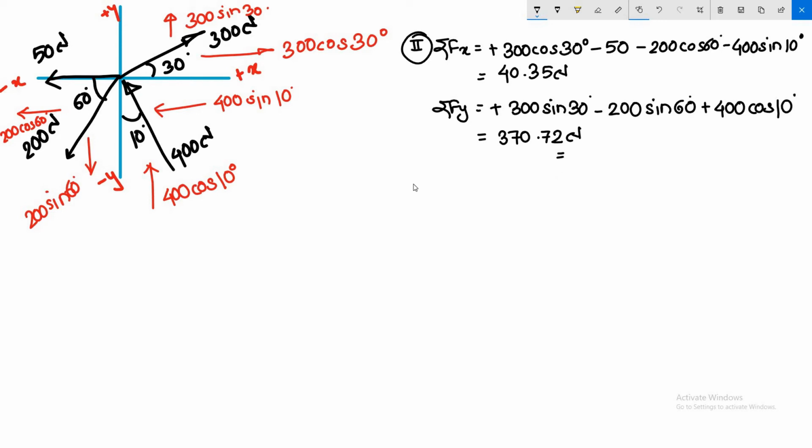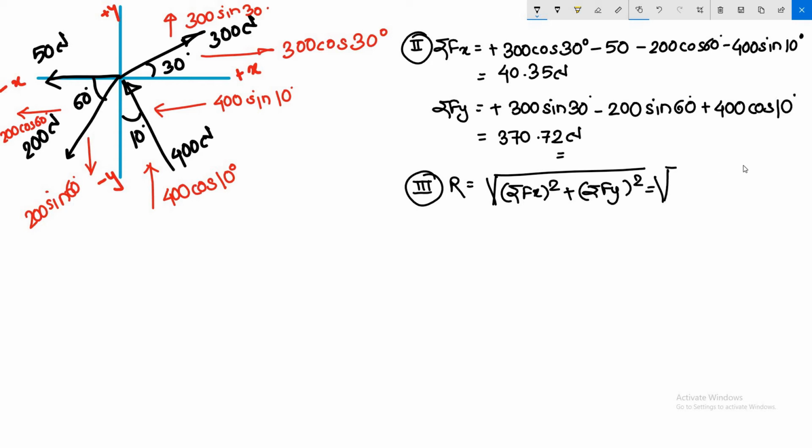Now come to step number 3, which is the determination of the magnitude of the resultant. We calculate R as the square root of summation Fx squared plus summation Fy squared. We have calculated Fx and Fy, so it becomes 40.35 squared plus 370.72 squared.